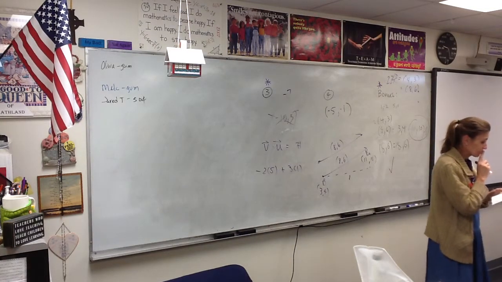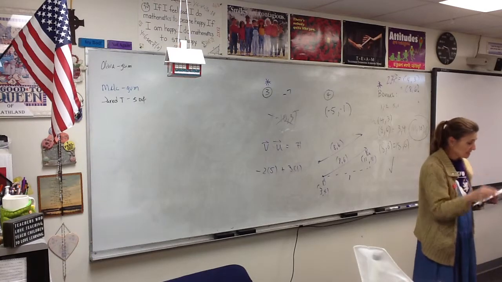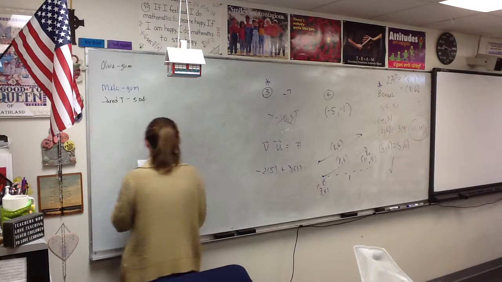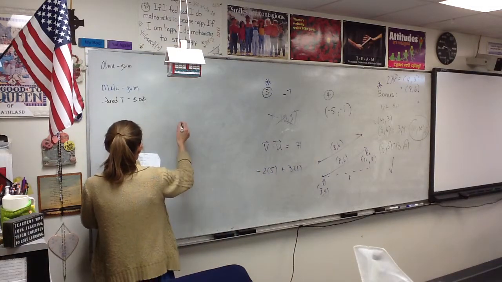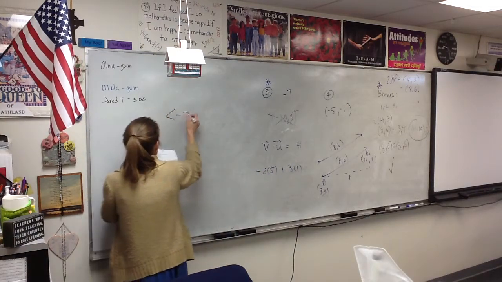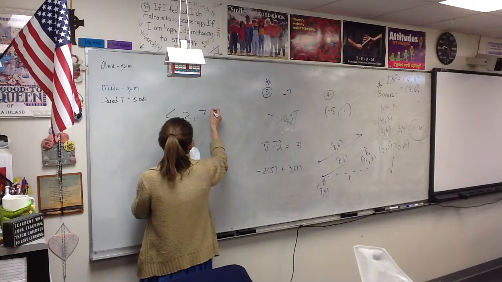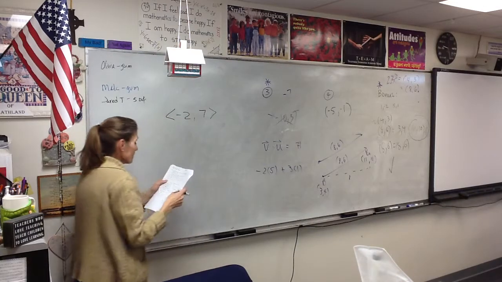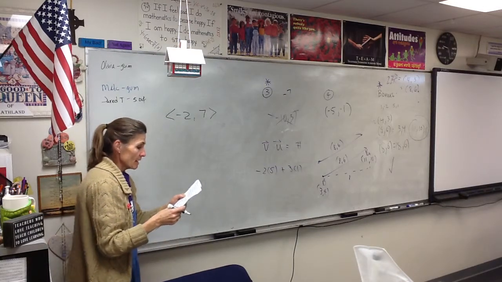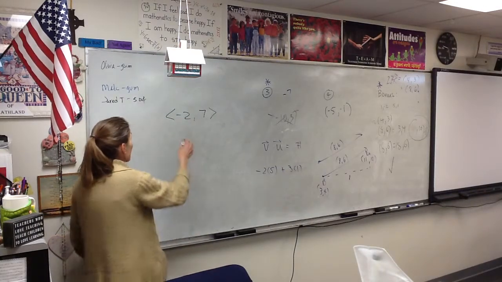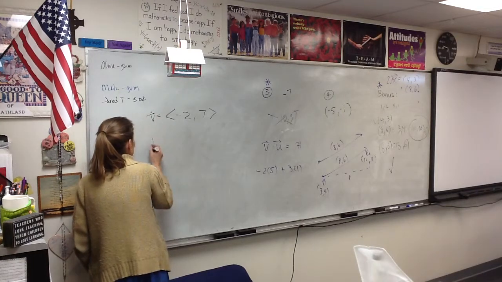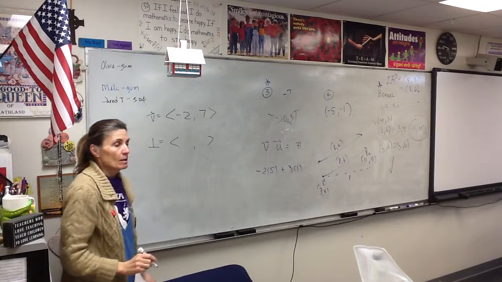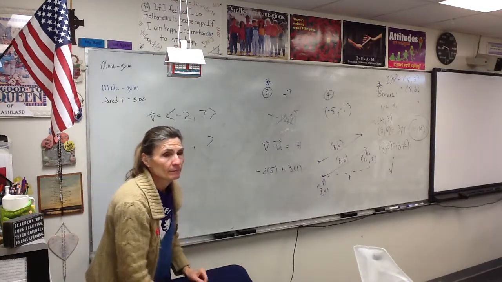6? What's it asking? 6 says find a vector orthogonal to vector V. No, 6 is the exact same thing. So here's vector V, and I want a vector orthogonal to this. Okay, what does orthogonal mean?